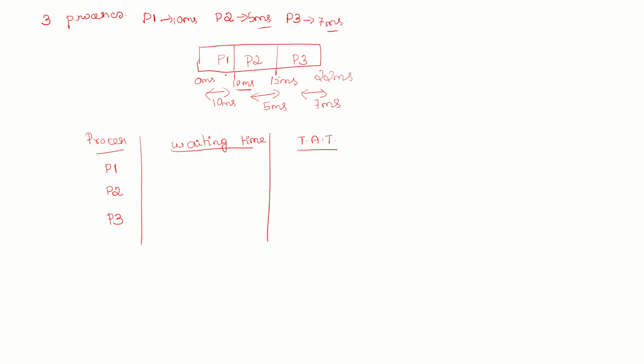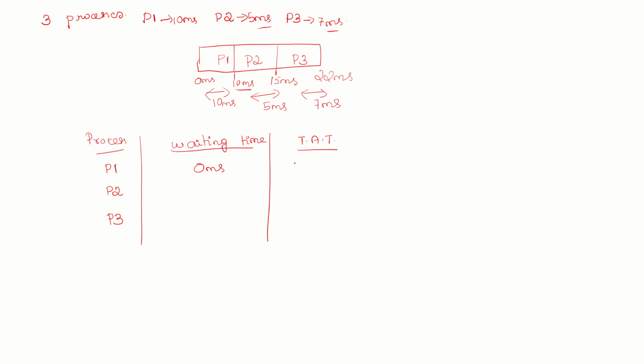Since we know it is a first come first serve based algorithm, P1 enters first, so we are not giving any waiting time for this P1. As soon as P1 comes to the ready queue, we will consider it for the execution. So we can say that 0 milliseconds is the waiting time for my P1.